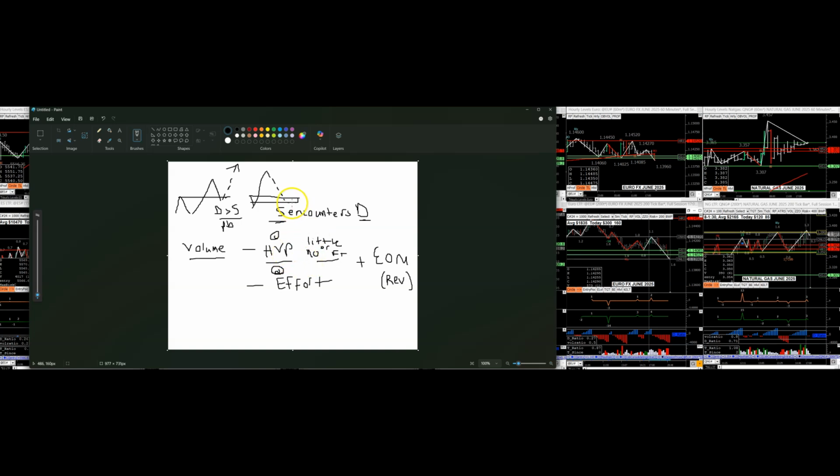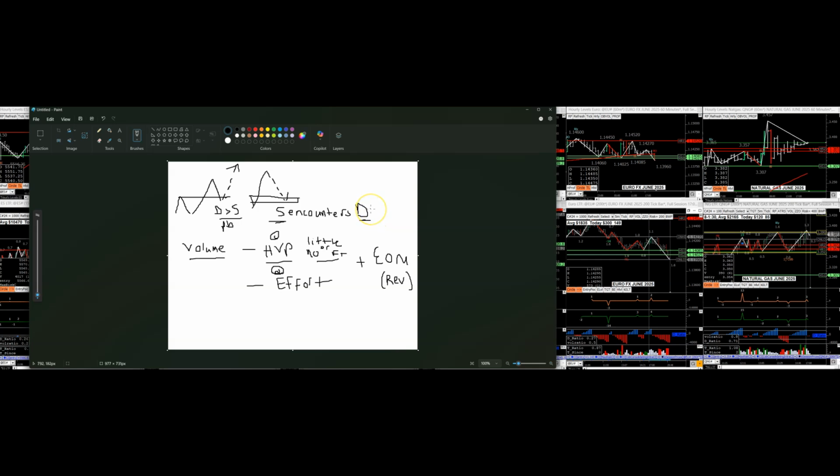So if you have high volume prints, you have a lot of effort, you still need that reversal after it, meaning the price here would need to go up. If you have high volume prints or a lot of effort, you can say only that supply is encountering demand, right?